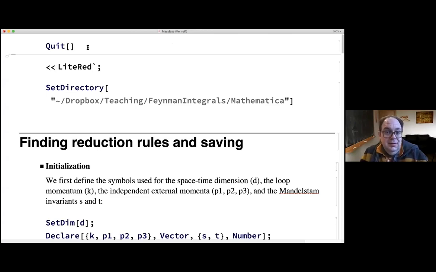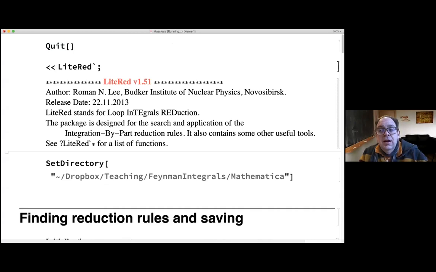Here I load a package which was written by Roman Lee, which allows you to give the propagators, and then it solves the IBPs, and it can derive the differential equations and so on. So it just implements all of the mechanics related to these integration by parts.